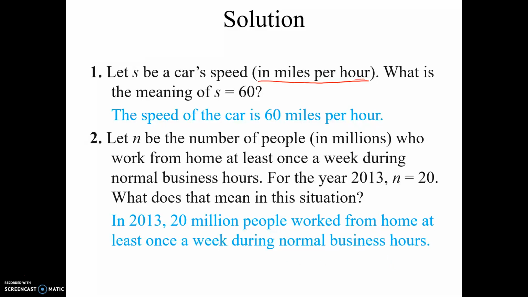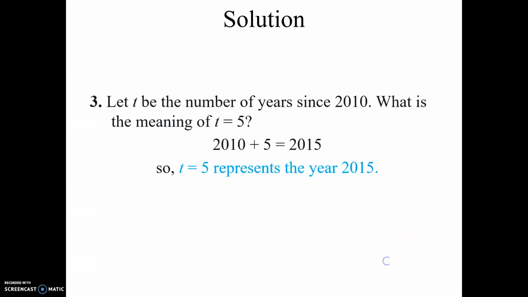Because again, N is a number of people in millions who work from home at least once a week. In this case, since T is a number of years since 2010, if T equals 5, then 2010 plus 5 is 2015. T equals 5 represents the year 2015.